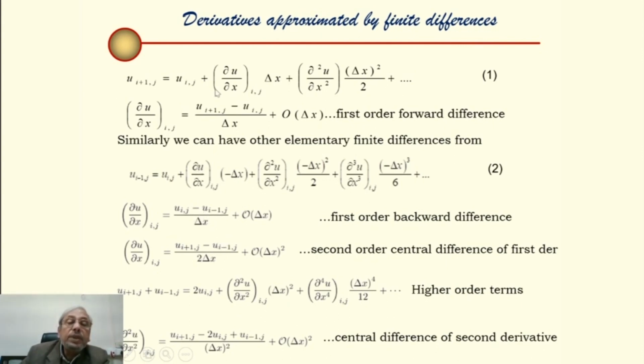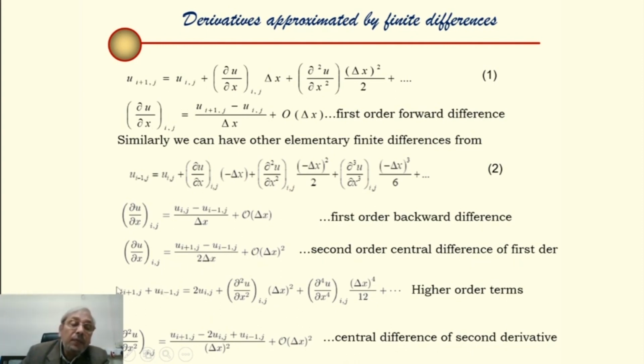Now from these two we can easily write del u/del x at ij, that can be given by, from equations 1 and 2, u(i+1,j) minus u(i-1,j) divided by twice delta x. And then the highest term of the truncated series will be of the order of delta x square. So this is second order central difference of first order derivative.